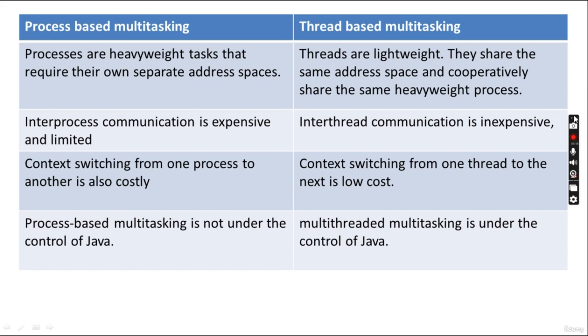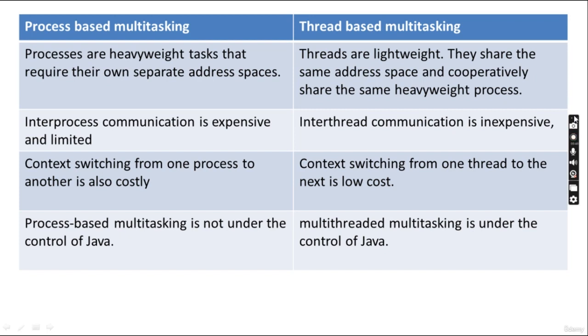The second difference is inter-process communication. When multiple processes are running simultaneously, like the Java compiler running in the background and the text editor running in the foreground, as in the example we have seen, the communication between those two processes is expensive. It is highly expensive, and communication rarely takes place or is limited.